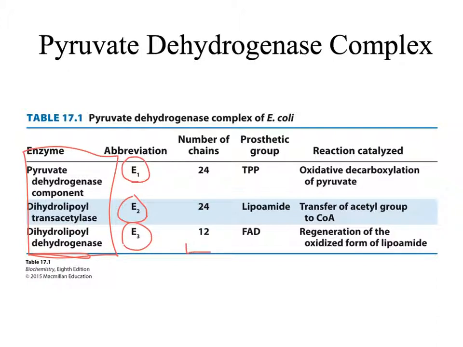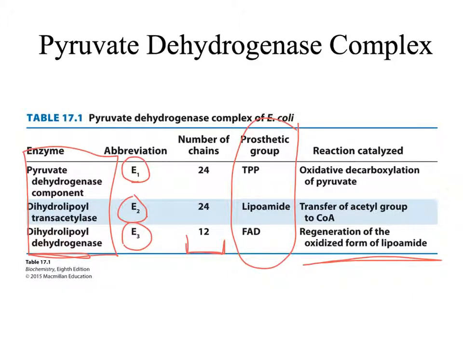We can see the number of chains associated with these, and the prosthetic group or the coenzyme associated with these processes. It also outlines the reaction that it catalyzes. So this is a multi-step process that's all controlled by this one complex.